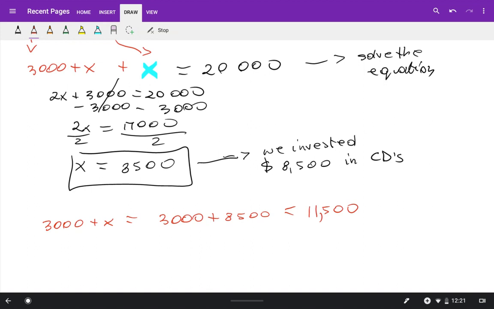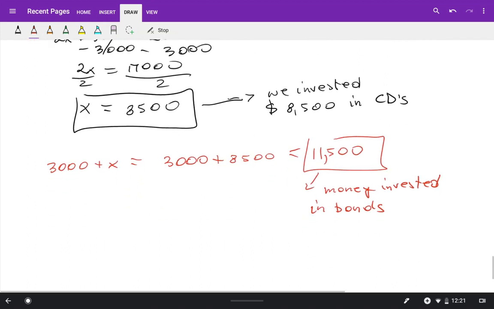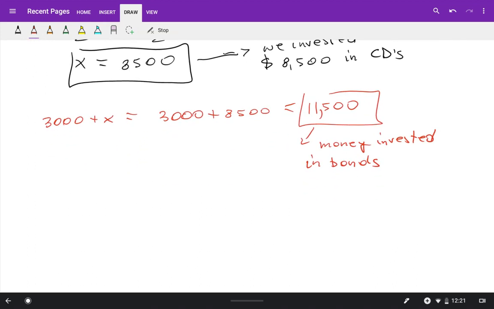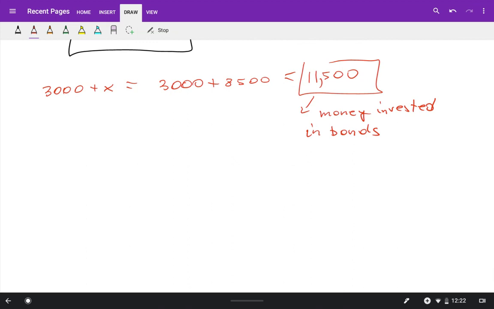Okay, so this is money invested in bonds. And of course, you want to check if that makes sense. We know that together we had 20,000, so 11,500 plus 8,500 will give us that 20,000.